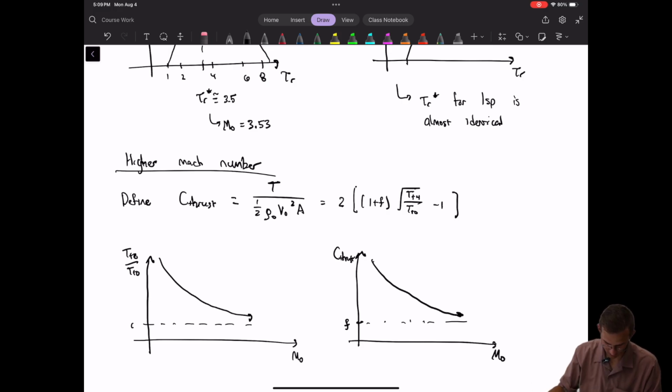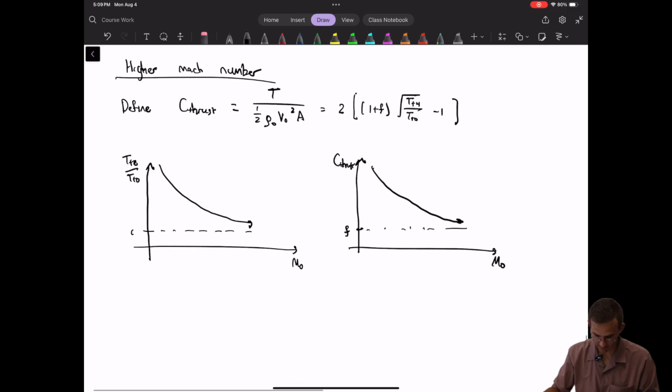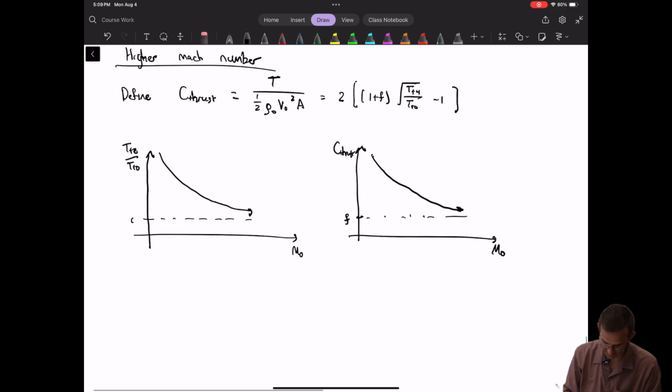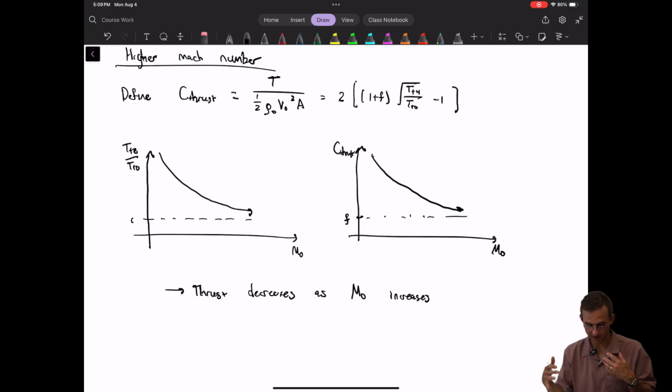Okay, so basically overall thrust decreases as M naught increases, but your drag is actually approximately constant for high Mach number. So your ramjet is essentially becoming ineffective.